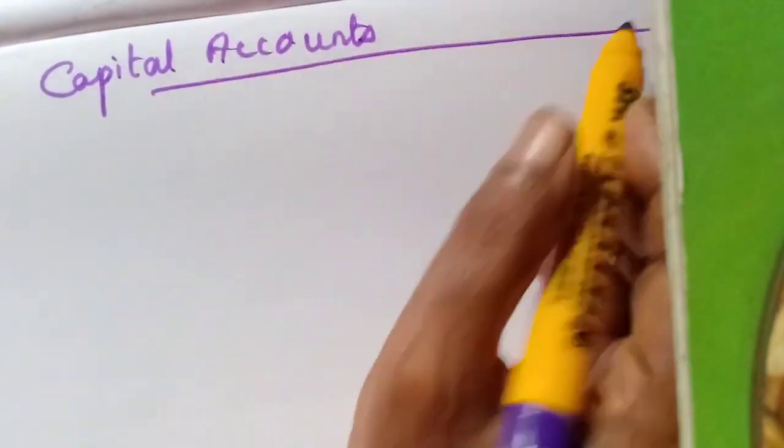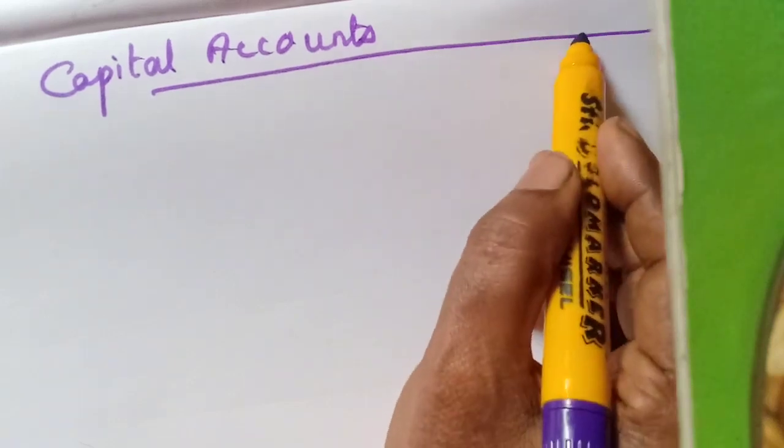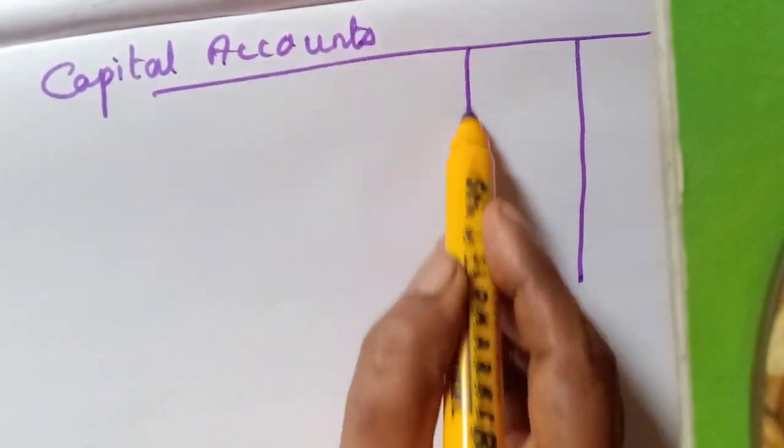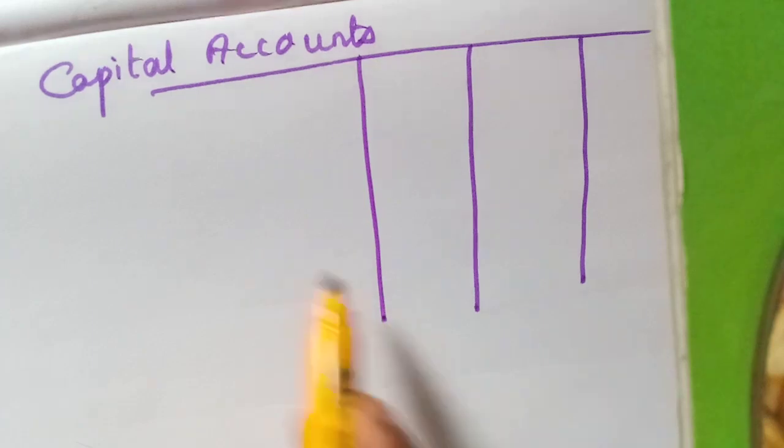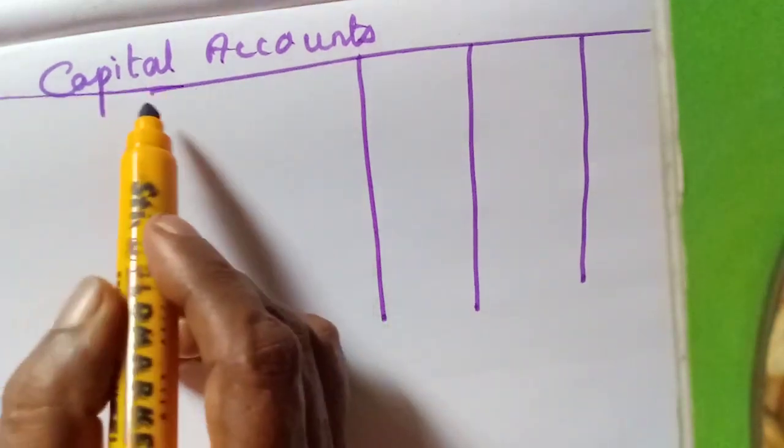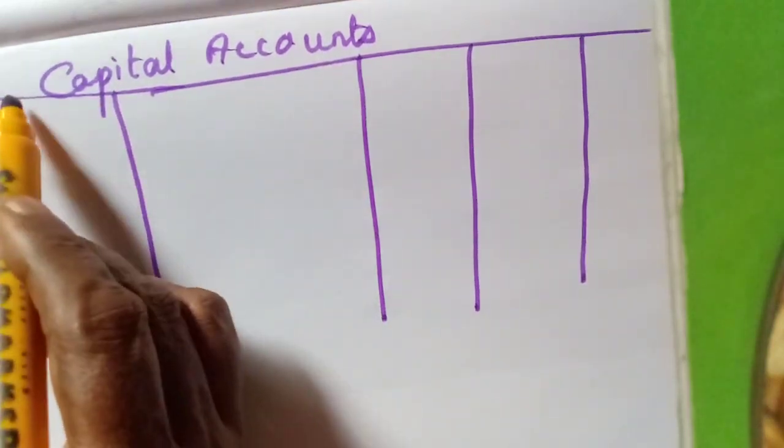Here 3 partners, isn't it? So 1, 2, 3 on the debit side also 3 amount columns.